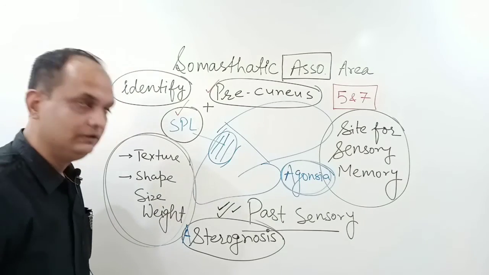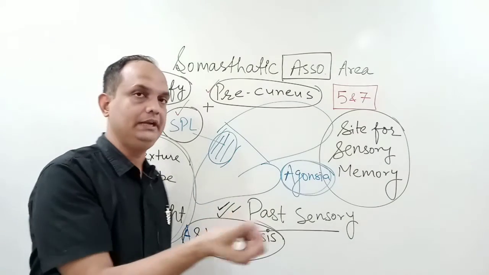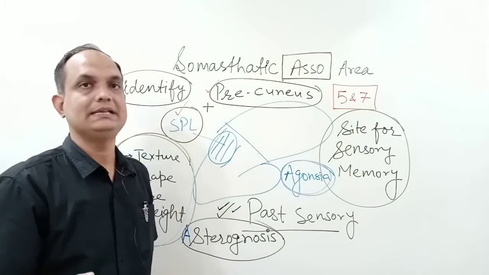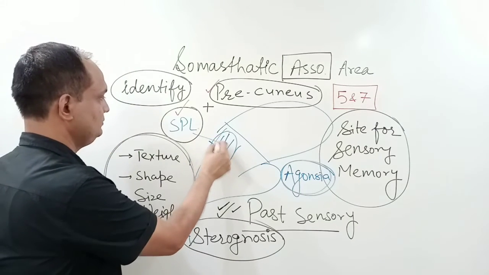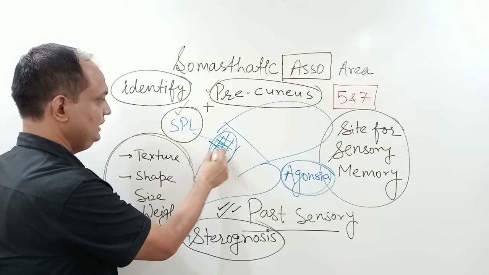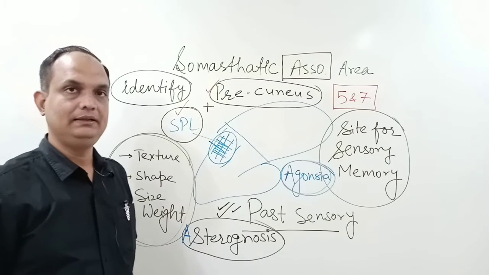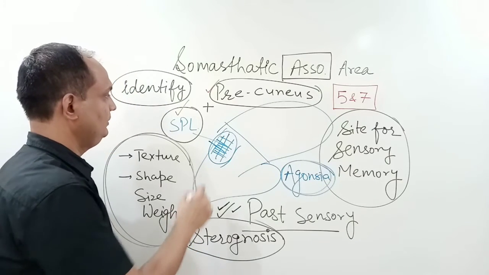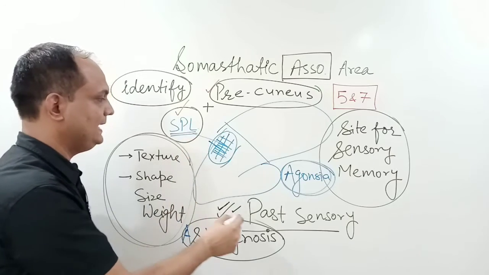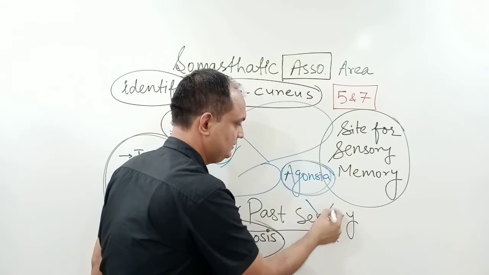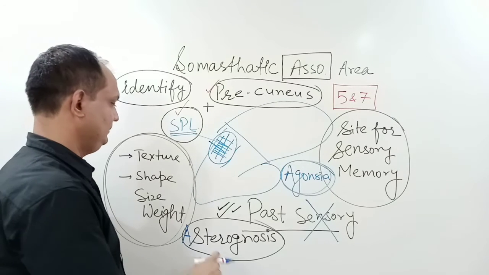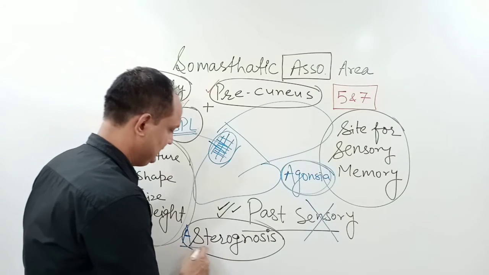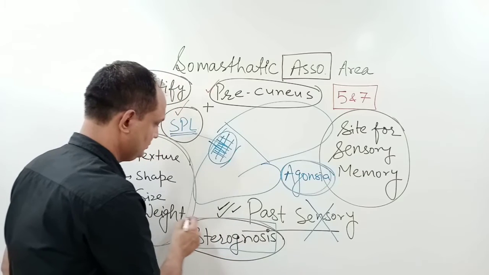So when you give the coin again to that person and ask what this is, because of the injury to the superior parietal lobule he is not able to reply. The past sensory information is not there, and for this reason the person is not able to reply, and that is known as astereognosis.